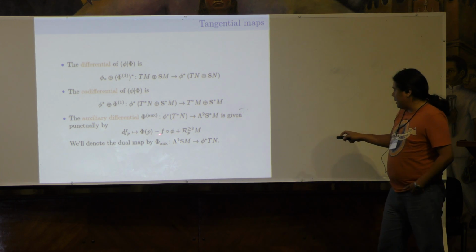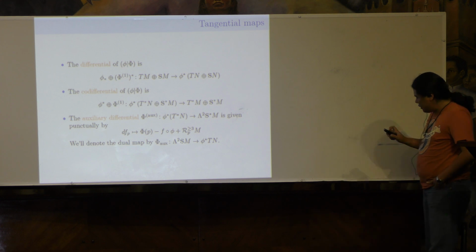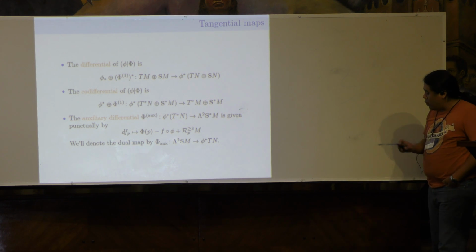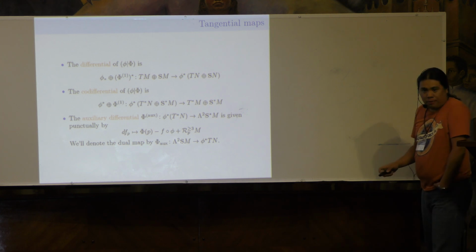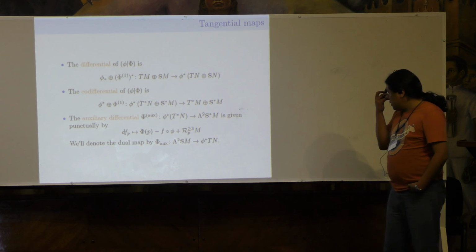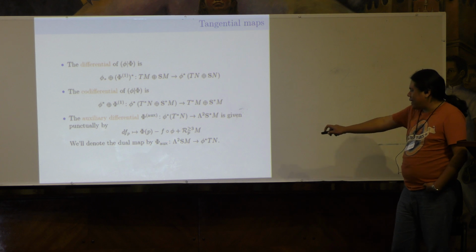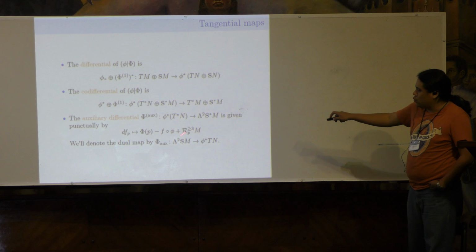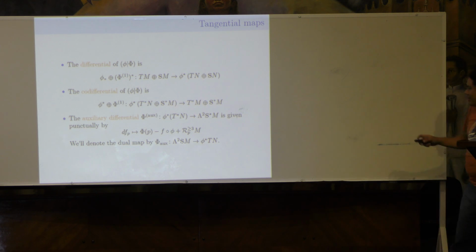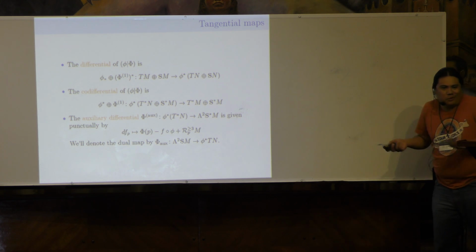I'm sorry, and this makes sense, and it's going to be quite important when I discuss the multiplication map of a Lie supergroup. The one that will be useful to me will be the dual of this one. And we call it the auxiliary because we couldn't think of a better name.